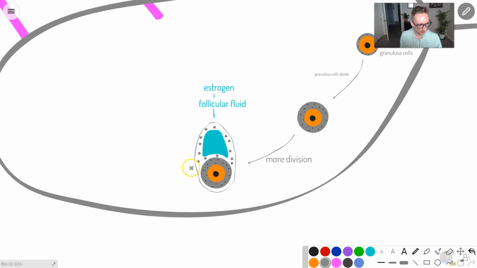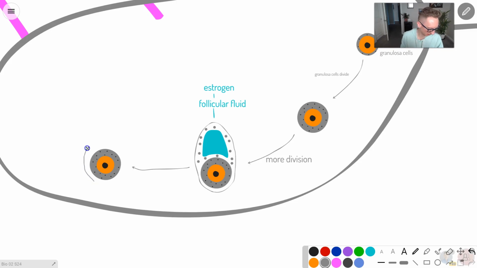And then development continues. All of this is releasing hormones like estrogen, as well as feeding this egg. And right here we go through our maturation process.